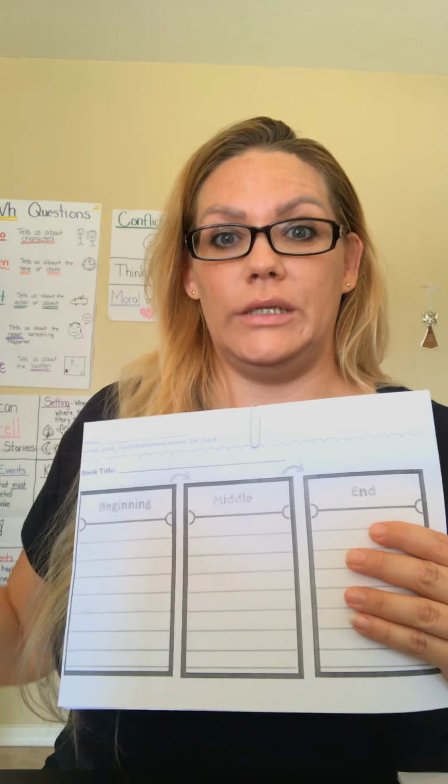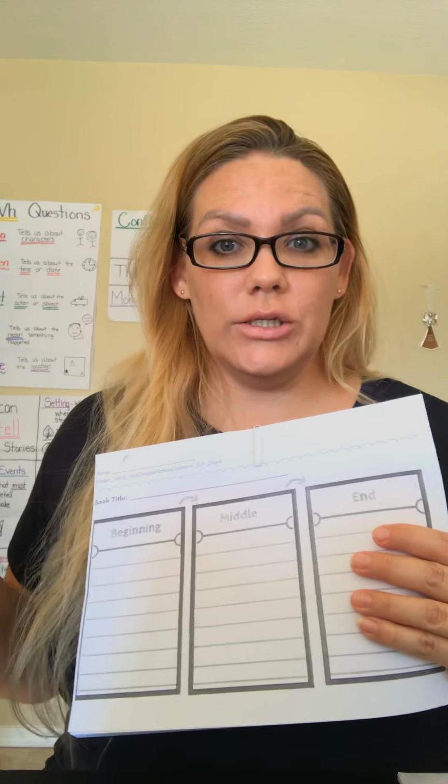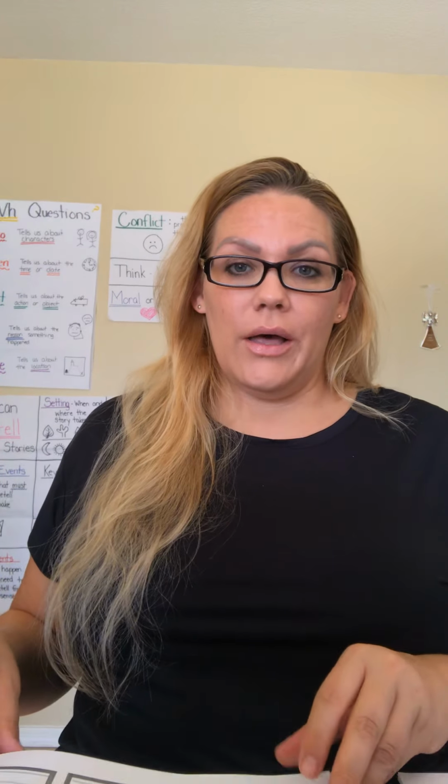All your scholars will need is someone to talk to about the beginning, middle, and end of the story in this video. So remember, scholars, when we retell a story, which is what we're working on, taking everything that we've learned during Unit 8 and talking about how we put that in a retell, we're telling the story from the beginning, the middle, and the end.